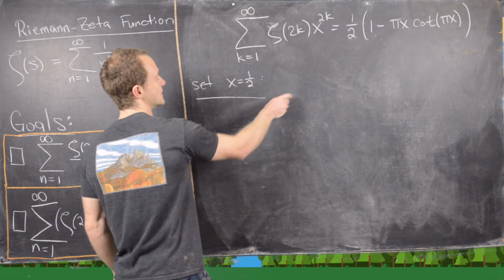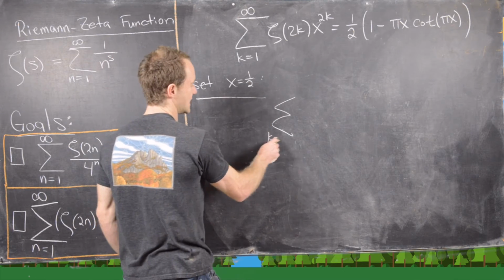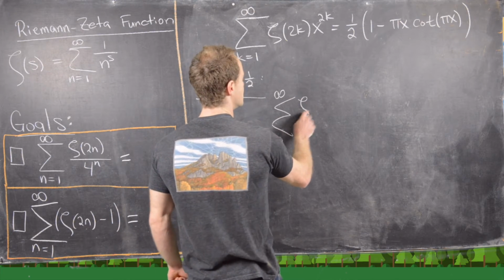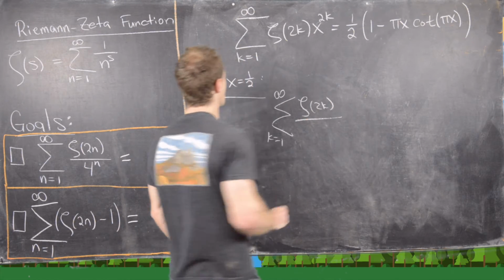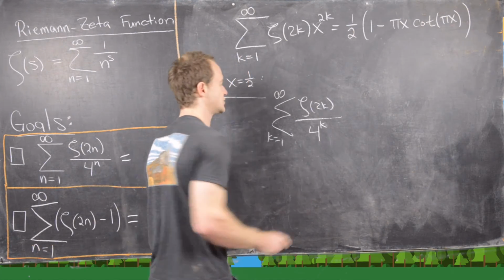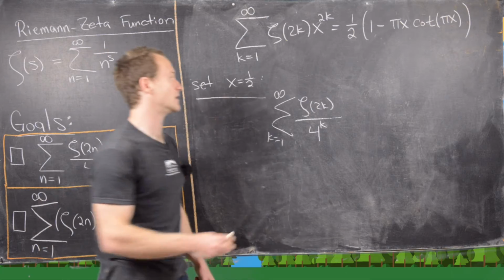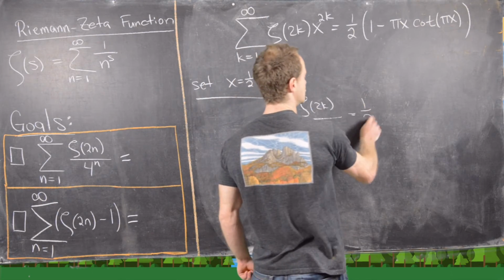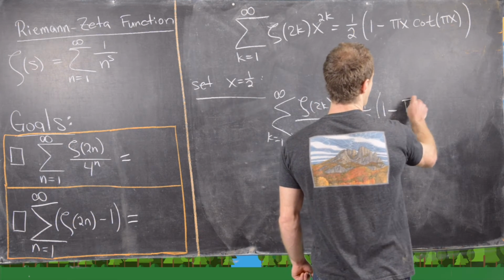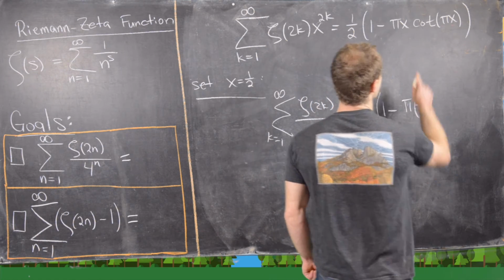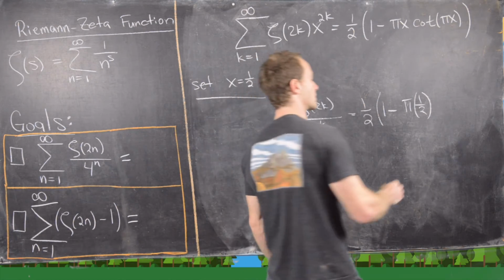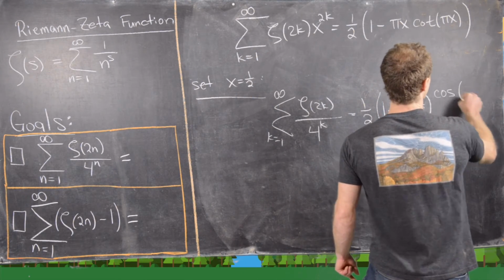1/2. So notice that's going to make the left-hand side the sum k equals 1 to infinity of zeta of 2k, and then 1/2 to the 2k, which is the same thing as putting a 4 to the k in the denominator. So that's going to be equal to 1/2 times 1 minus pi times 1/2 times cotangent of pi over 2. But remember, cotangent is equal to cosine over sine.